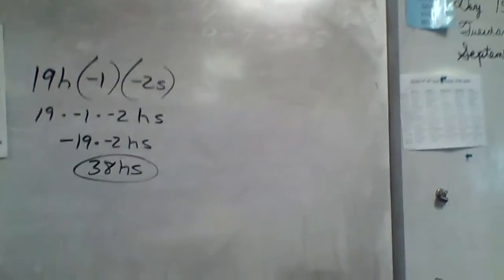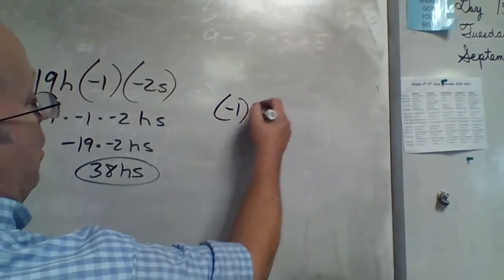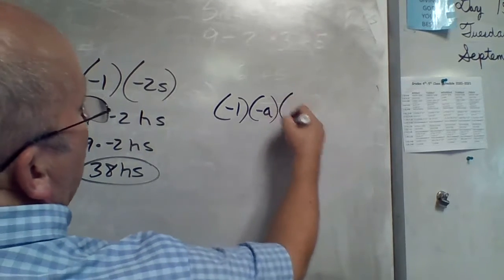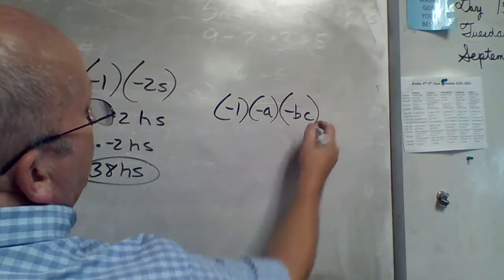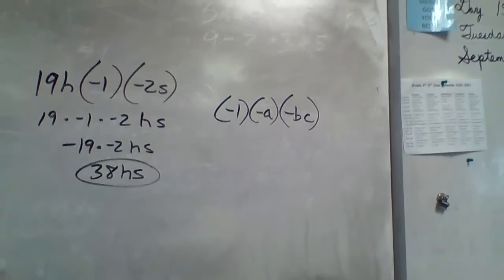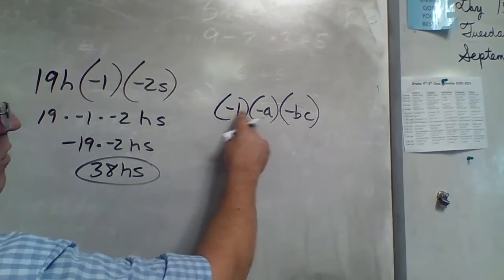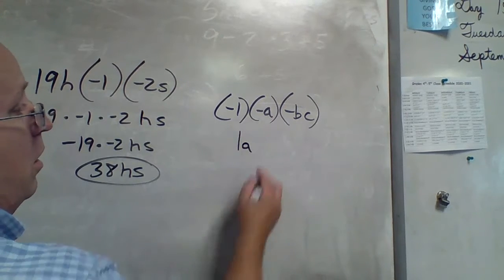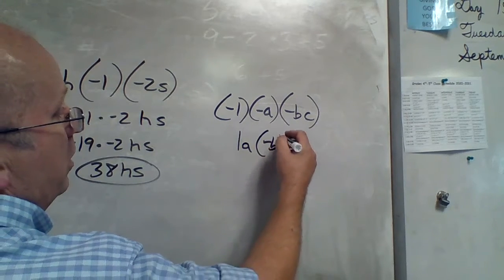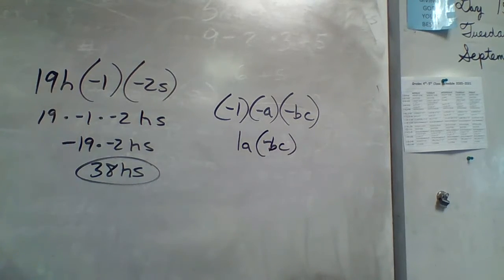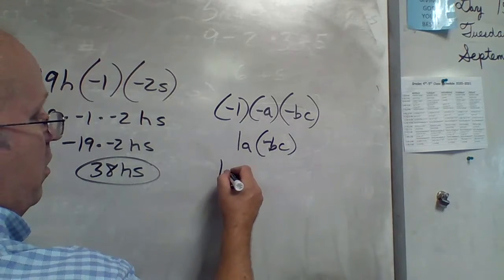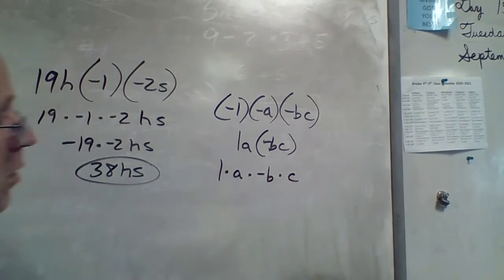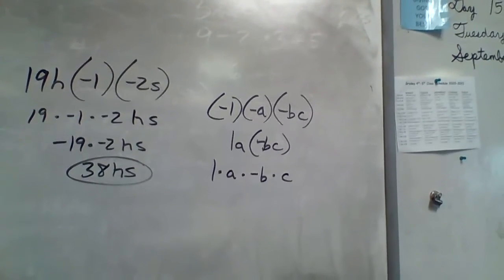What about something like this? Negative 1 times negative a times a negative b times c. Well, let's take these two first. A negative times a negative is a positive, so I get 1a times a negative b times c. Well, couldn't we rewrite this like this? Yeah, we could.